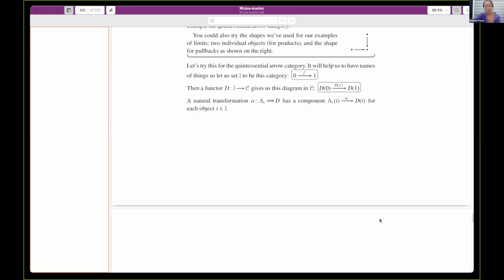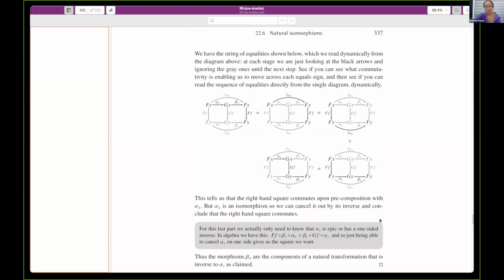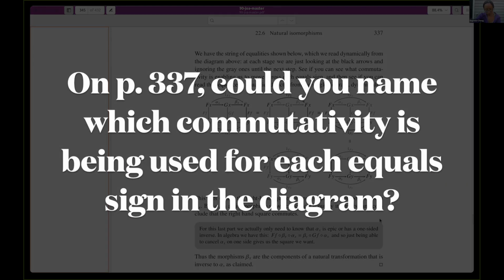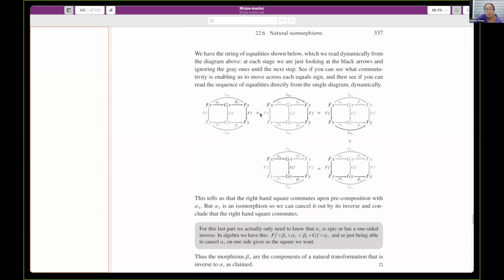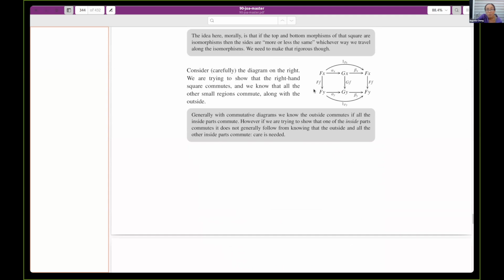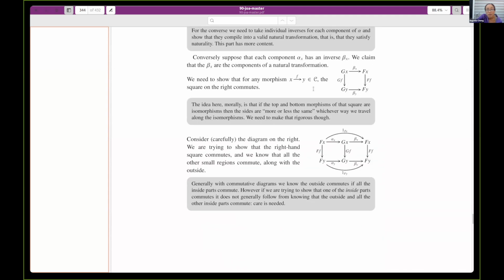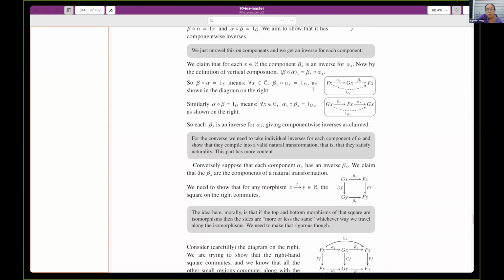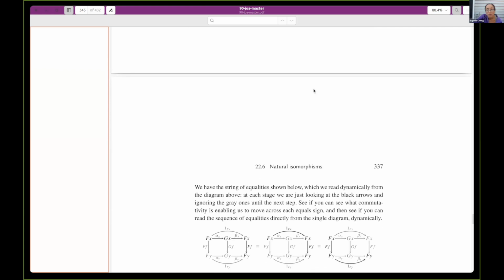Page 337. Oh, yes. Could you name which commutativity is being used for each equal sign in the diagram? Okay, so as we move across here, we're starting with these two components equaling the identity. So this proof looks like a proof about isomorphisms, natural transformations with inverses.